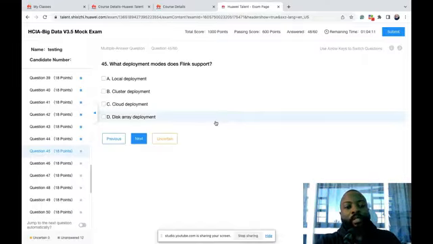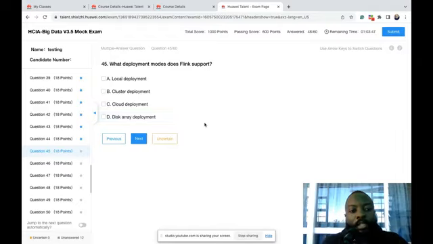What deployment mode does Flink support? In terms of the deployment mode of Flink, what can we say? Okay, we know Flink is used for streaming, so we can do a local deployment.